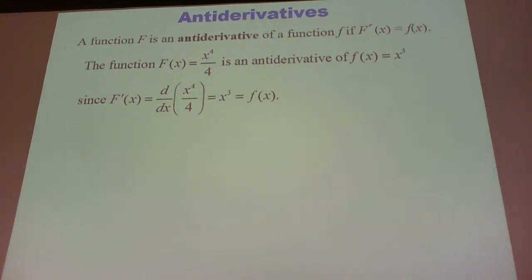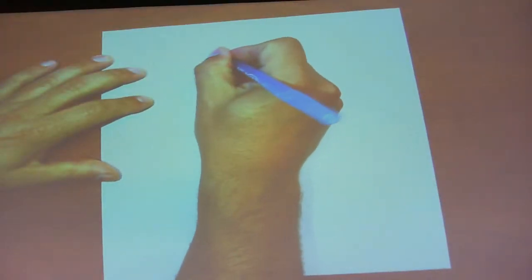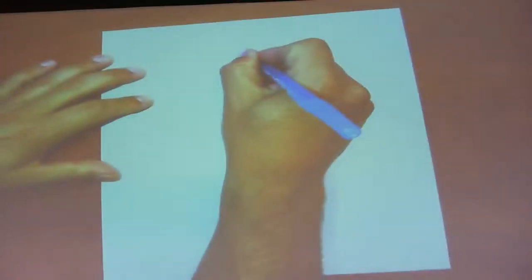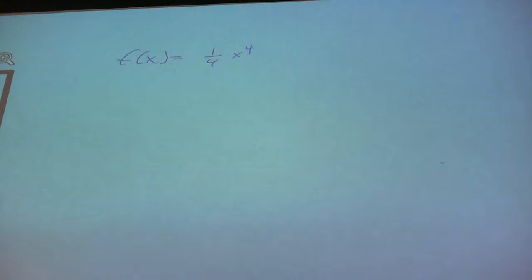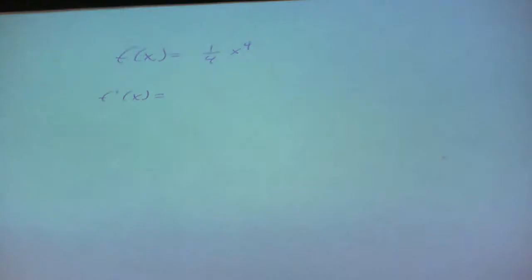So if we have the function 1/4 x to the 4, I would like you to take the derivative of 1/4 x to the 4.